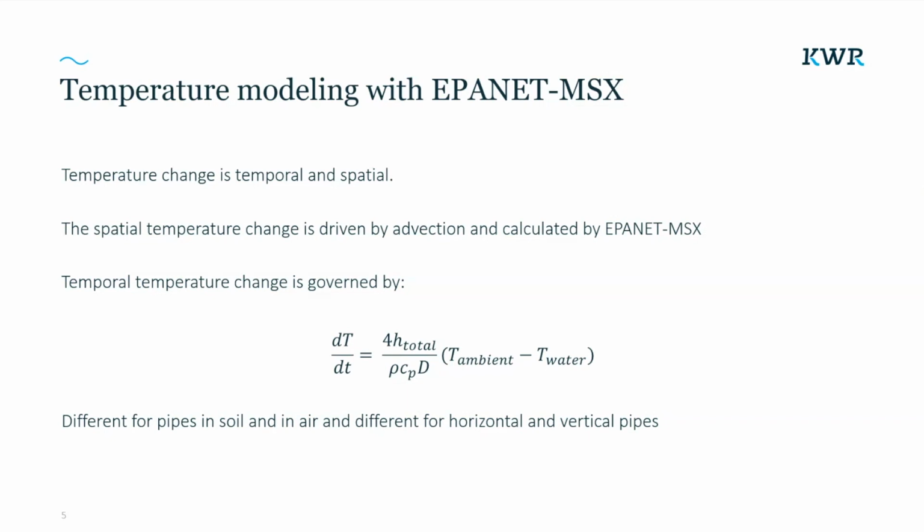But we can also use MSX to calculate the temporal temperature change, which is governed by this equation, where this term, and especially the heat transfer coefficient, is different for pipes which are located in soil and pipes which are located in the air, and it's also different for horizontal and vertical pipes, which I will show on the next slides.